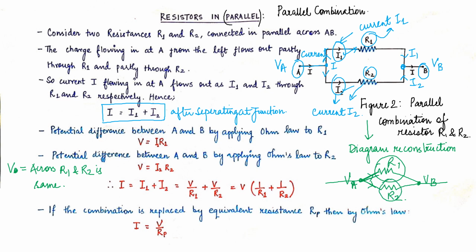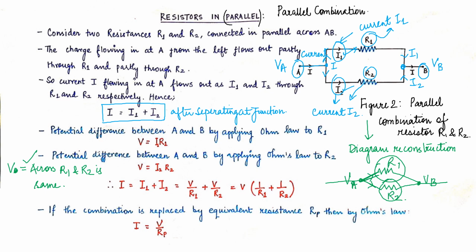Both have the same potential. Now we will start with the notes. We have understood the diagram. Now it's time for us to derive a combination formula where our resistors are connected in parallel.